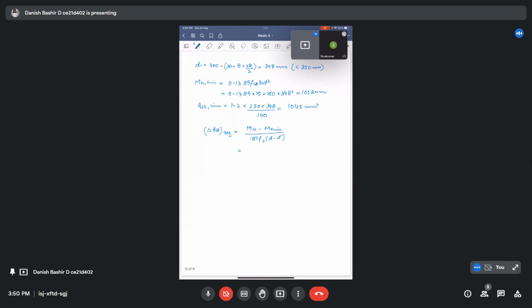When we put all these values, we get 748 mm square. Earlier this value was 734 mm square. So AST required will also change. We will check: 1045 plus 748 will be equal to 1793 mm square, which is covered by what we provided already.